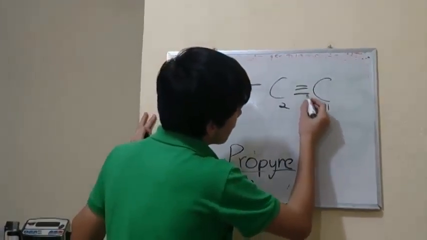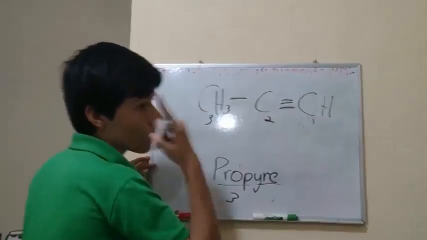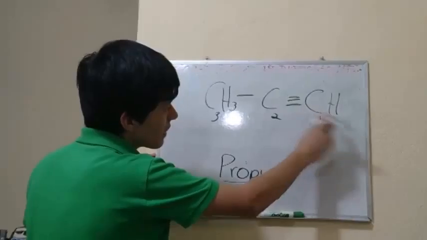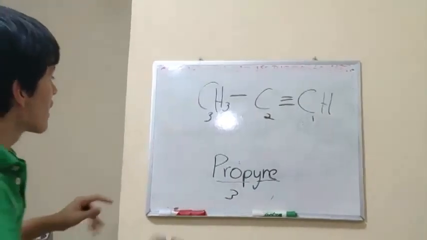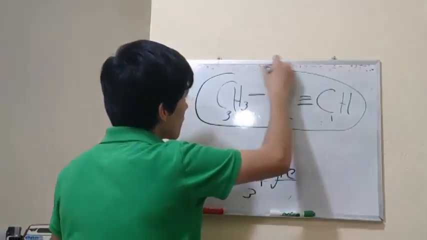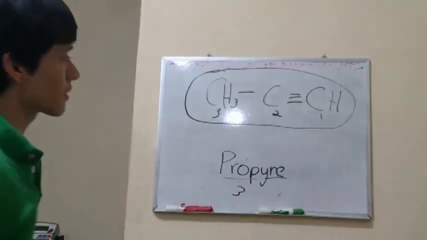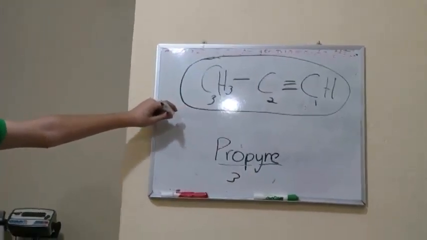So we only put a CH here, which means 1 because we only have 3 here, and with this H is another, so it means 4. And for the last, we circle our longest chain, and this is the end of this problem.